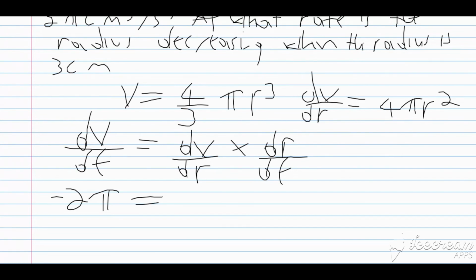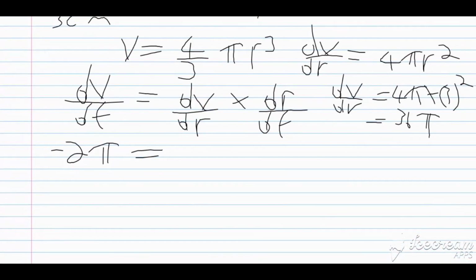Good, that is critical. So it says when the radius is 3, all right, so it means that dV over dr is going to be equal to 4 pi times 3 squared, which is going to give me 9 times 4, so that's 36 pi. So let us go back down here now and put everything together. So we have dV over dr, which is 36 pi, times dr over dt, which is what we want.